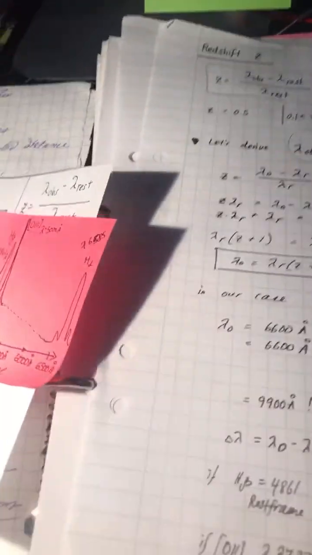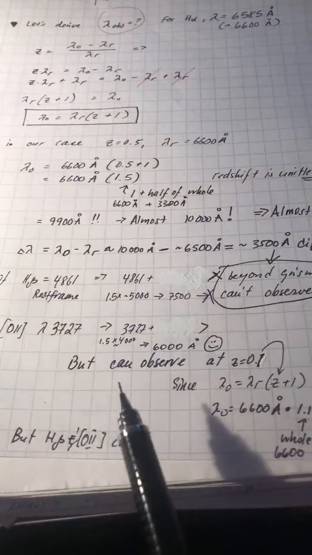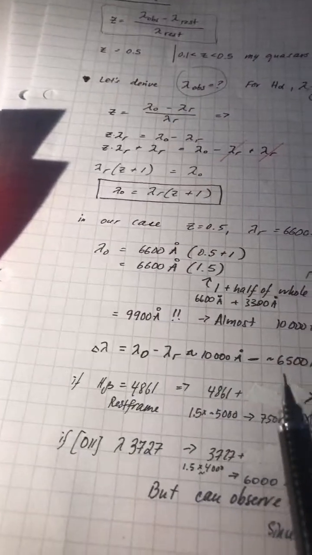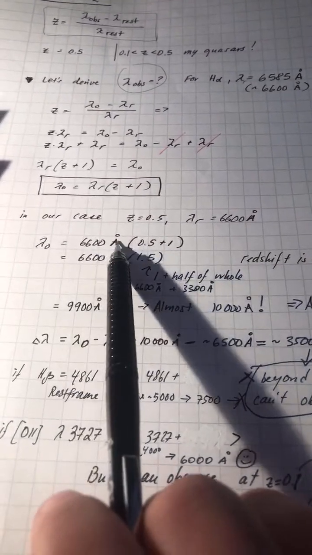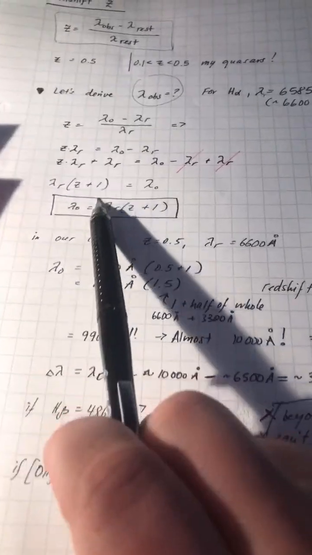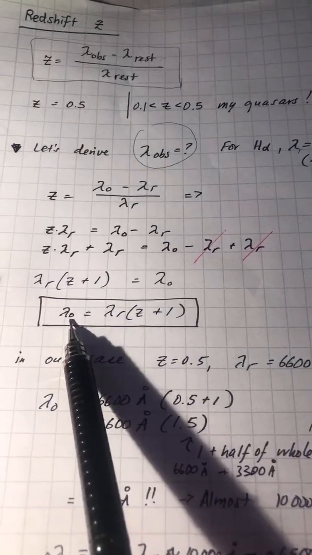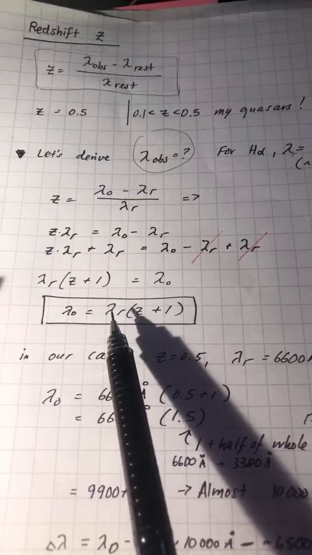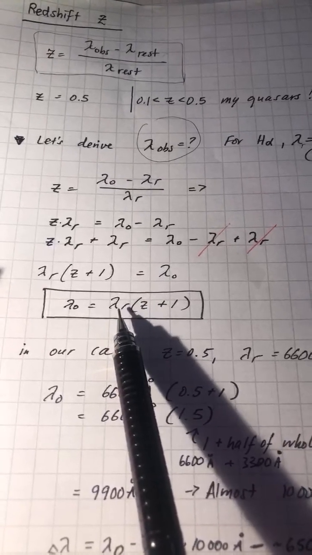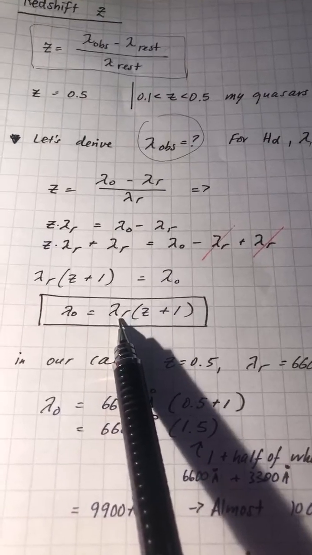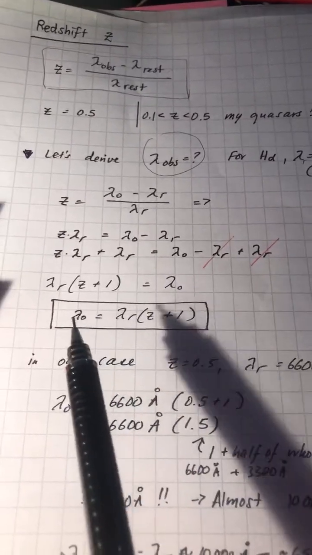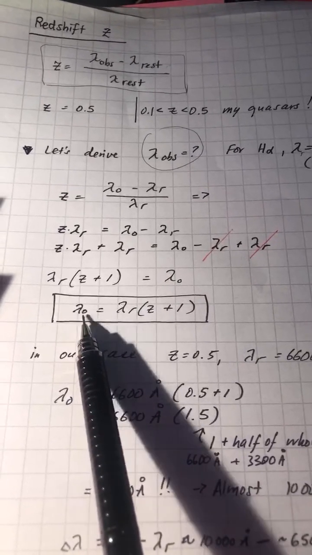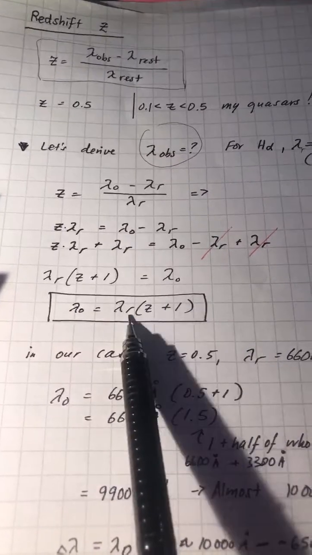6,500 maybe. What is it for H beta? I have to calculate, because this term here, lambda r, when we look at the observed wavelengths, it depends on the rest frame wavelengths. So depending on whether you have a 6,000 angstrom emission line, you increase in wavelength differently for the observed versus if you have here 2,000 or 3,000.